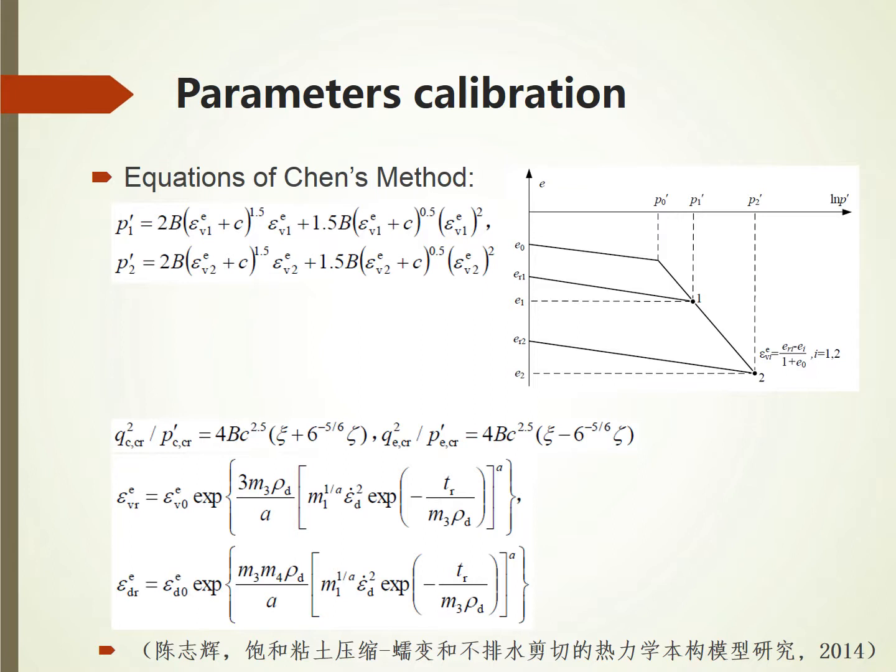First, he used a triaxial compression test to get the parameters B and C, and then used the shear to critical state to get C and zeta. And last, he used a relaxation test to get the migration parameters M1, M3, and M4.